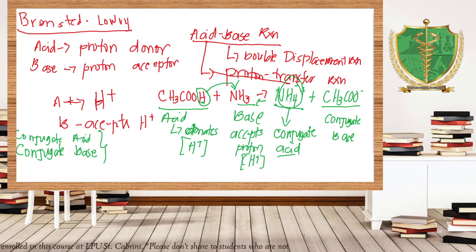So pag dinonate niya yung hydrogen going back to our acetate ion, it will give you acetic acid, which is an acid. And this conjugate acid, ammonium ion, loses hydrogen for a conjugate base to give you your ammonia. Okay? So that is our conjugate base and conjugate acid. Please take note of that.